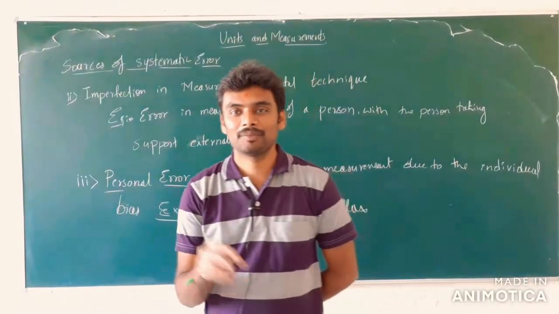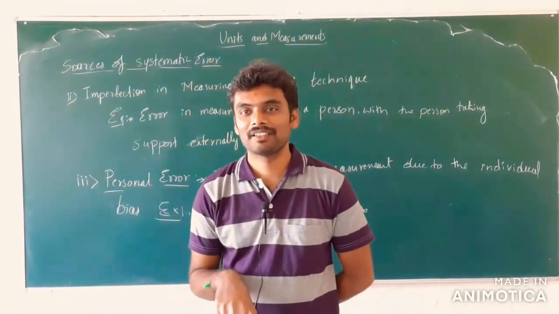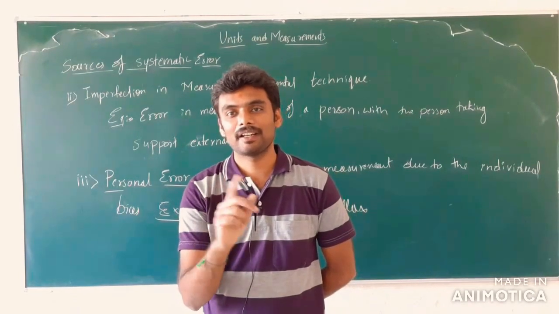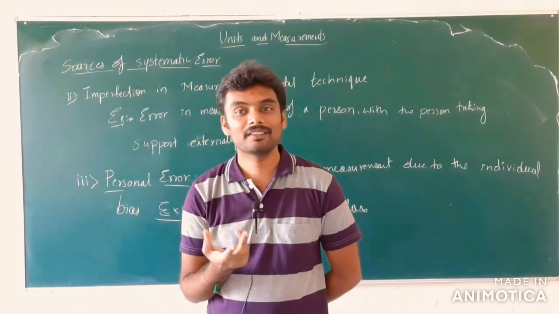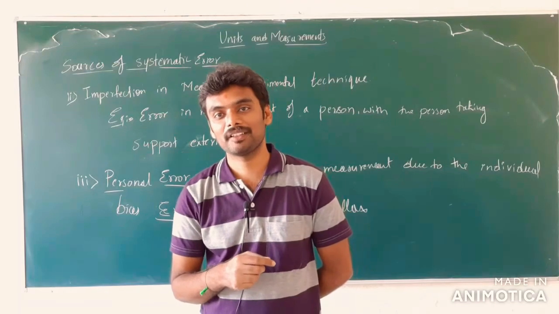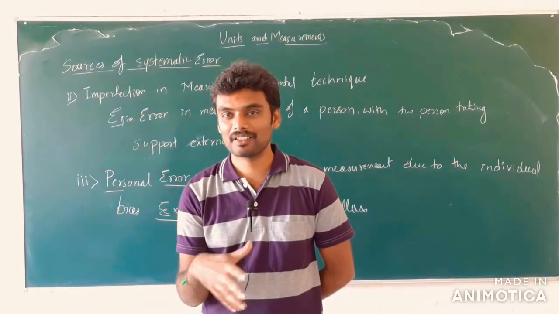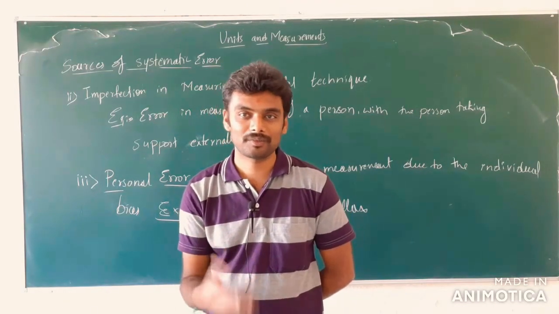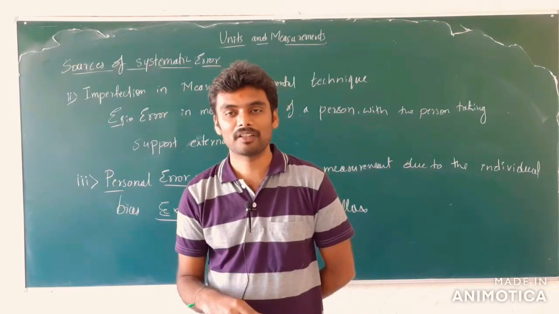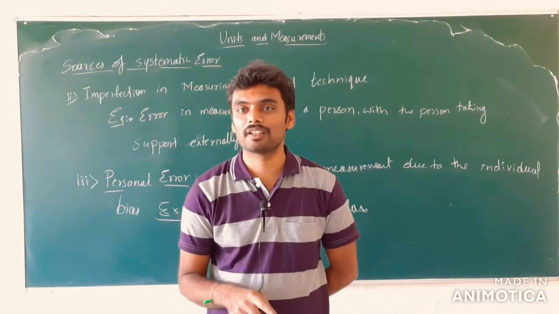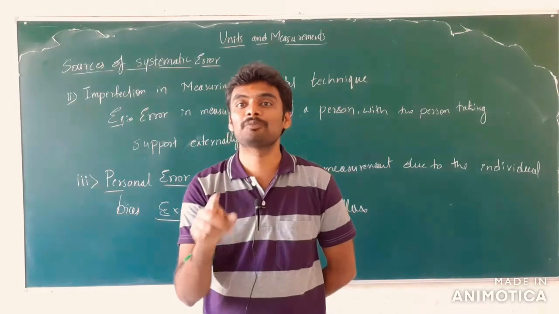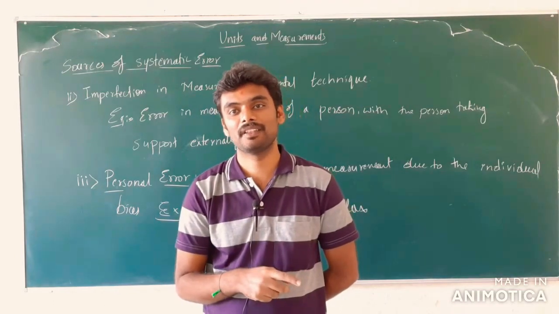So as you saw, the person was struggling to measure. The error involved, you might think, is the personal error, isn't it? Because the person measuring is not using the device properly. No, it is not the personal error, it is the imperfection in the experimental technique, isn't it?